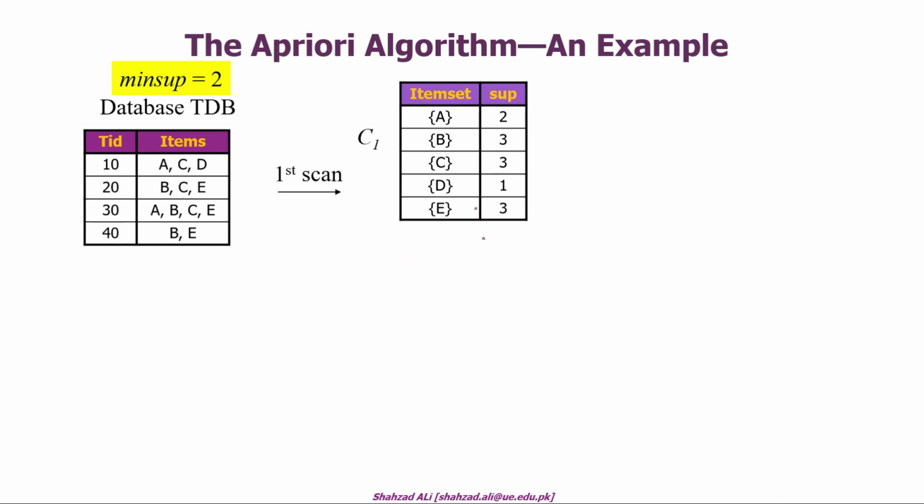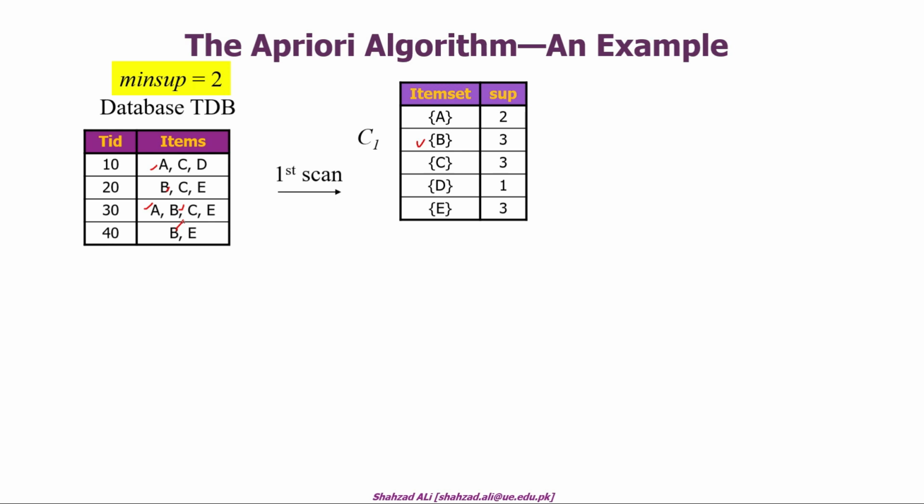That means item set A has a support count of 2, as you can see in the transaction database, A occurs only 2 times. Similarly for item set B, it occurs 3 times, you can see here and here. Similarly for item set C, 3, and D, which occurs only once, and E, which occurs 3 times.